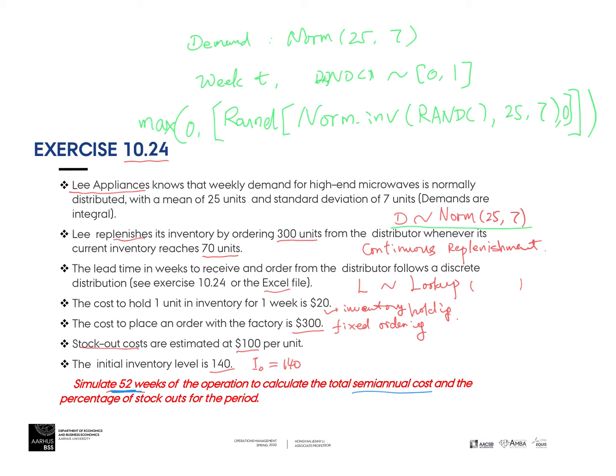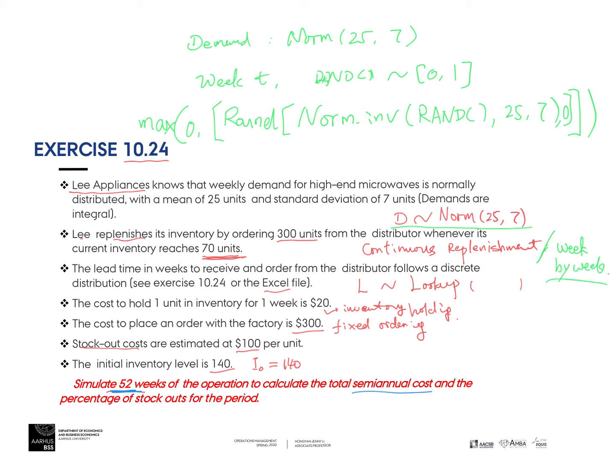I think here is a tricky problem for the second statement. Lee replenishes its inventory by ordering 300 units from the distributor whenever its current inventory reaches 70 units. It sounds like a continuous replenishment policy, but in our simulation, we try to simulate this process week by week.